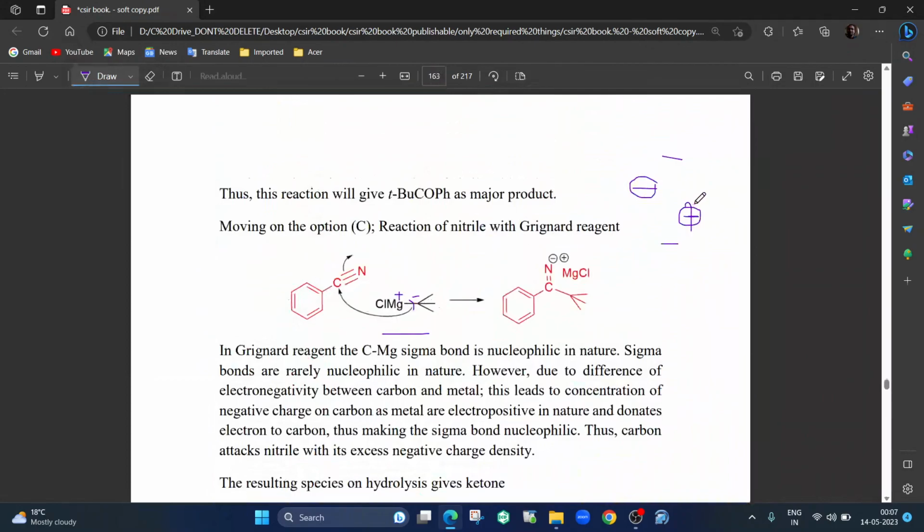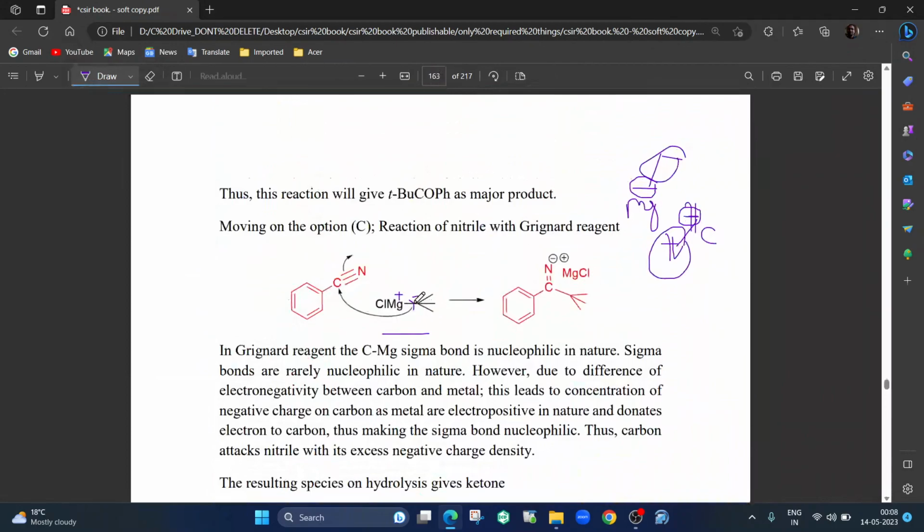Electrons are more stable here, so it has lower energy than magnesium, and so in the molecular orbital picture you have the bonding molecular orbital closer towards carbon and the anti-bonding molecular orbital closer towards magnesium, and therefore carbon is nucleophilic, magnesium is electrophilic. So carbon is nucleophilic, that means it donates electrons.